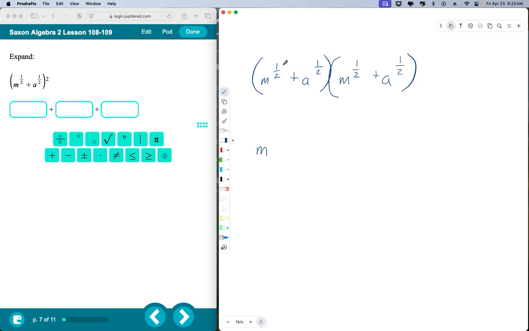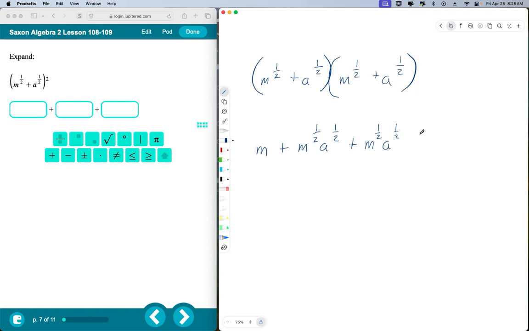Then we do the same thing here. We've got m^(1/2) times a^(1/2). Now our other term is going to be the same thing: a^(1/2) times m^(1/2). And then this is going to be a^(1/2) times a^(1/2).